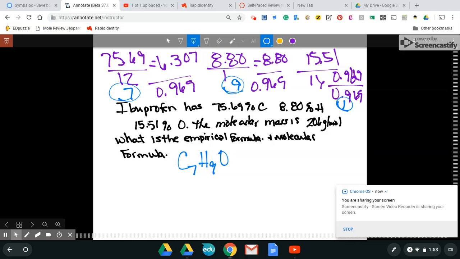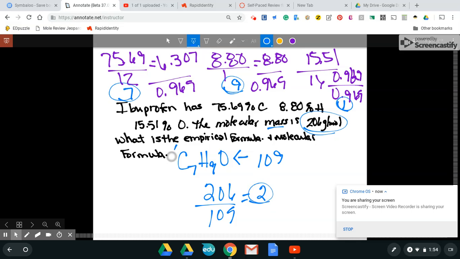Okay? So now the next thing I do to find the molecular formula is get the mass of this. So 12 times 7 plus 9 plus 16. The mass of this is 109. So I take this number, 206 divided by 109, which gives me 1.88. So I'm going to round that to 2.